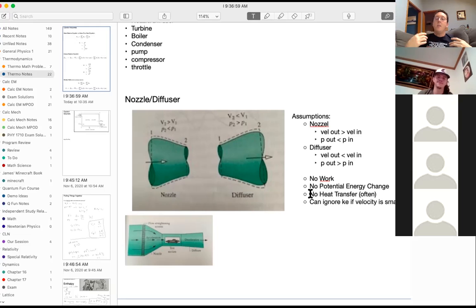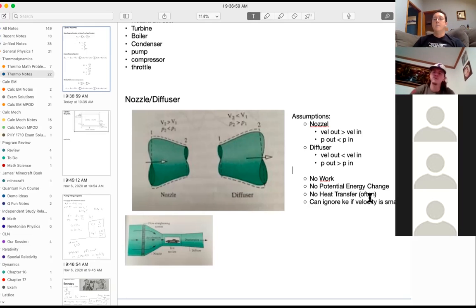And oftentimes, if you can insulate things, you can minimize the heat transfer. So oftentimes you can ignore heat transfer. Not always. Sometimes you can't make that assumption. So read the problem. If it asks for you to find the heat transfer, then you can't ignore it.